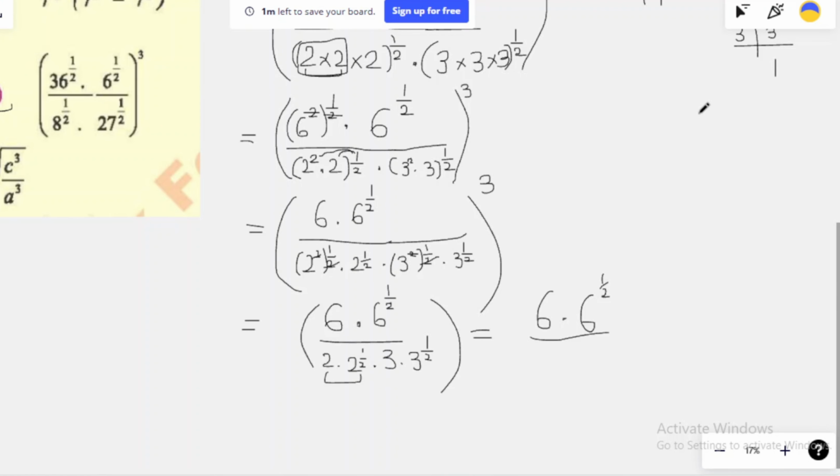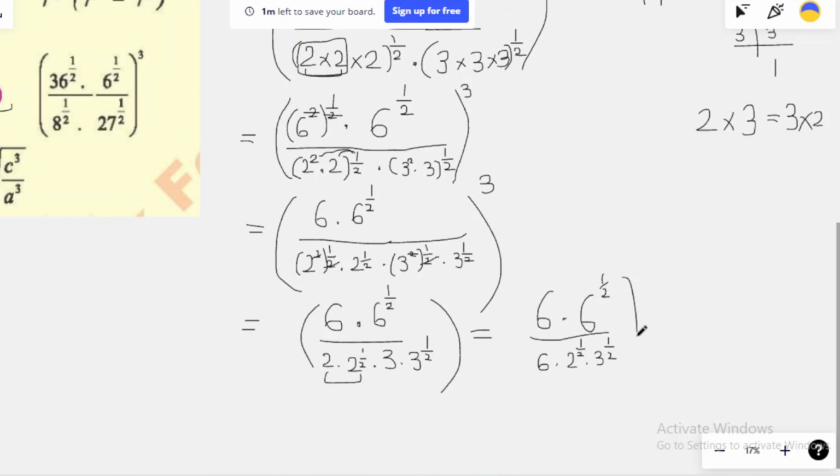Because 2 times 3 or 3 times 2 is a similar thing, since multiplication is commutative and associative. So order doesn't matter. We're going to multiply 2 with this 3 first. We're going to get 6, and we'll be left with 2 raised to the power 1 over 2 and then 3 raised to the power 1 over 2.